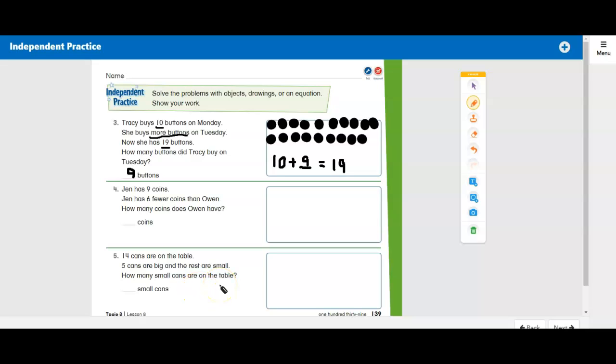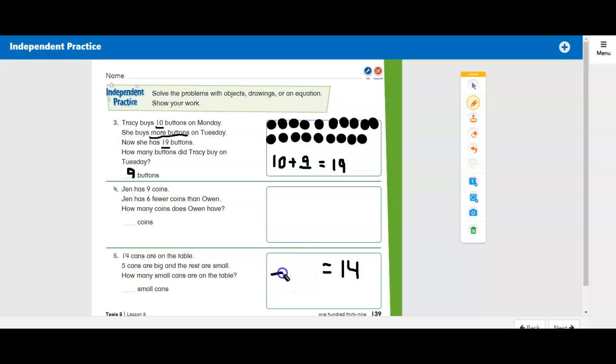How many small cans are on the table? For number 5, I would recommend setting up an equation.